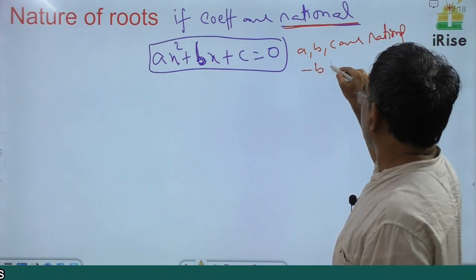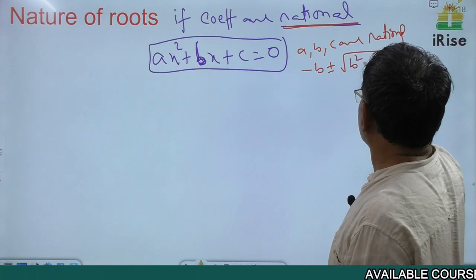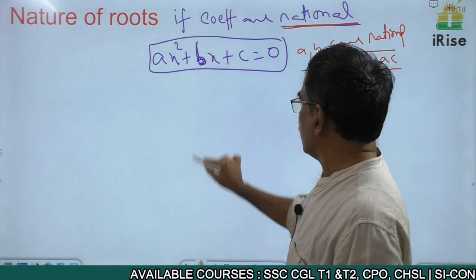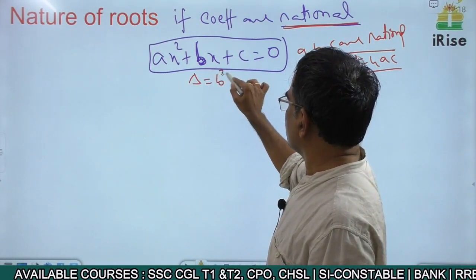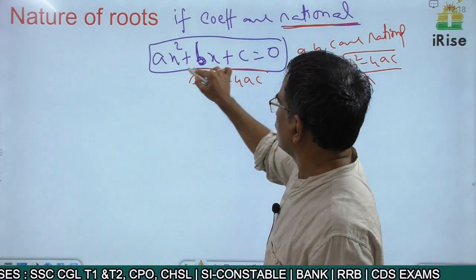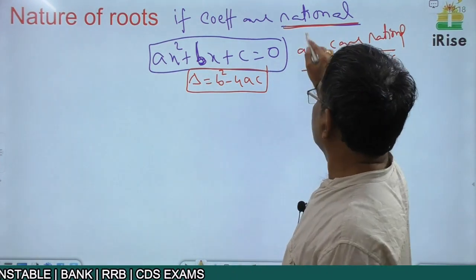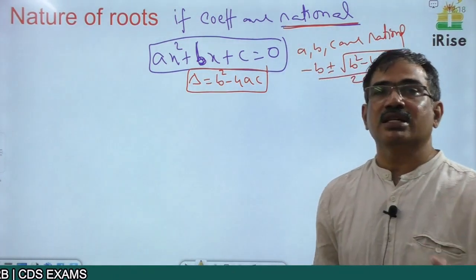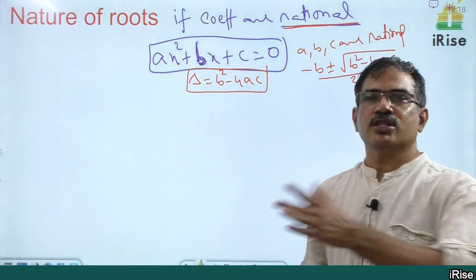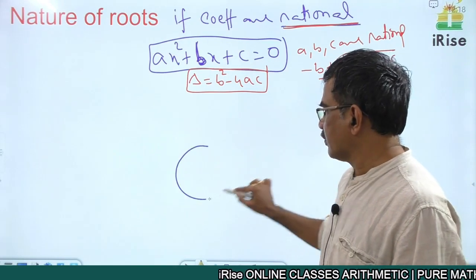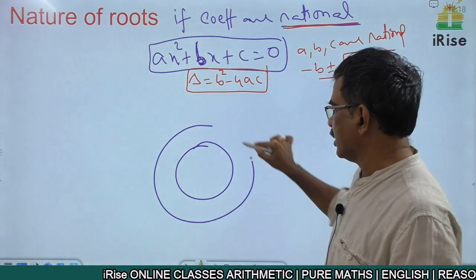The roots are minus b plus or minus root of b square minus 4ac by 2a. And here delta is equal to b square minus 4ac, which is called the discriminant. And you have to know every rational number is a real number, but every real number is not a rational number. If this is a set of rational numbers, this is a set of real numbers.